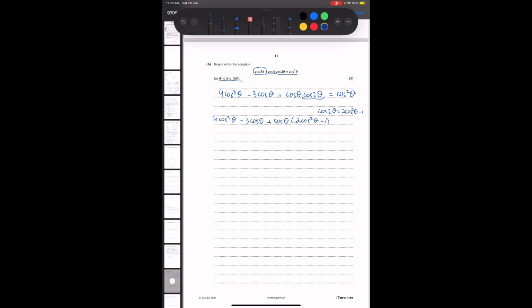And I'll bring this cos square theta to this side as well, so it becomes minus cos square theta is equal to 0. So now 4 cos cube theta minus cos square theta minus 3 cos theta plus 2 cos cube theta minus cos theta is equal to 0.